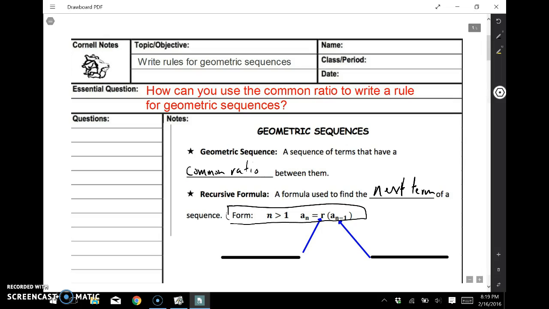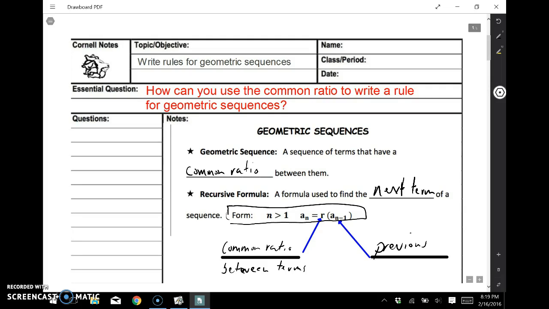So this r is going to be your common ratio between terms. And this a sub n minus 1, just like in the previous arithmetic sequence, is your previous term.